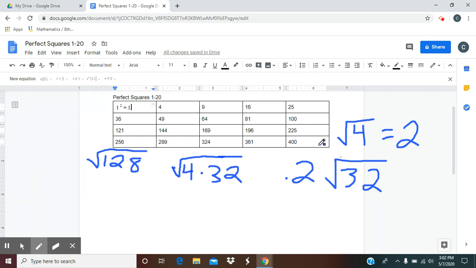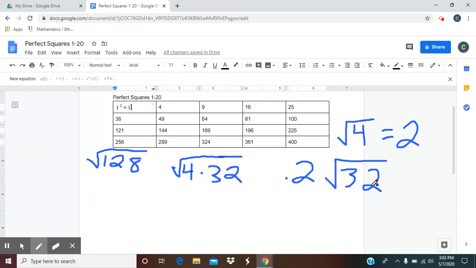But if I would have just used the largest perfect square to begin with, there would be no need to repeat the process. So if I were to just continue, I would have to check 32 to see if it has any perfect squares that I can divide it by. And if you check, 4 would work, but also 16 would work.